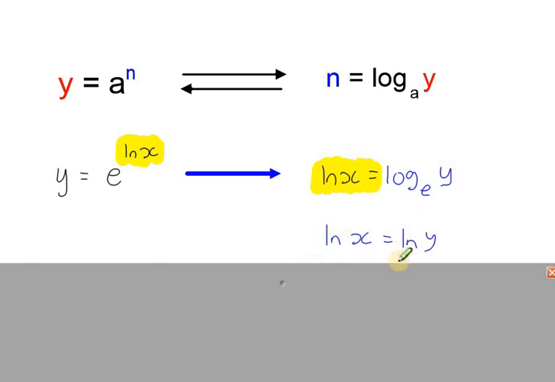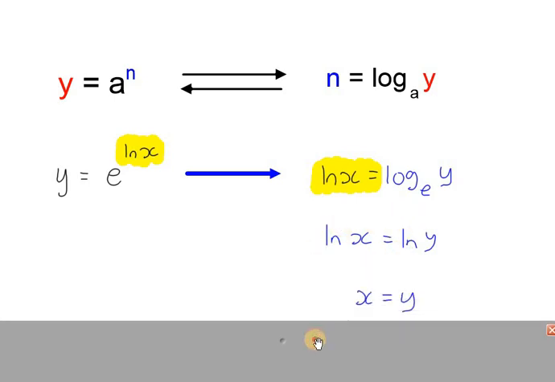So if we cross off the logs, x equals y there, so if that y is equal to x, so if I cross out the y and put x there, then e to the power of ln x is equal to x.